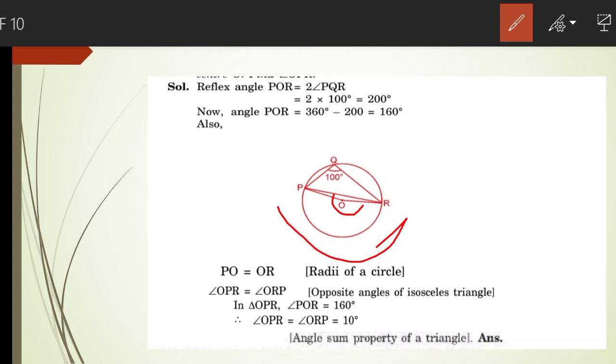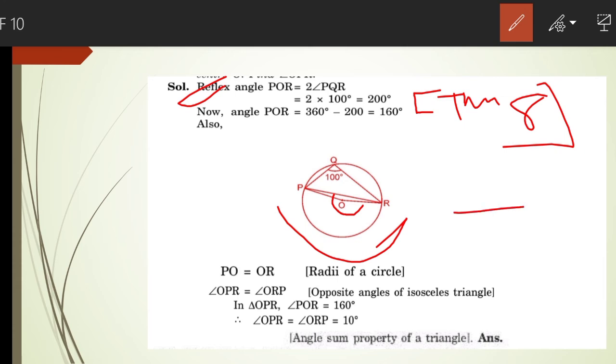So we will get the reflex of POR. So reflex of POR is 2 times PQR, following theorem 8. PQR is given, that is 100. So 2 times PQR is 200. So reflex angle POR is equal to 200.